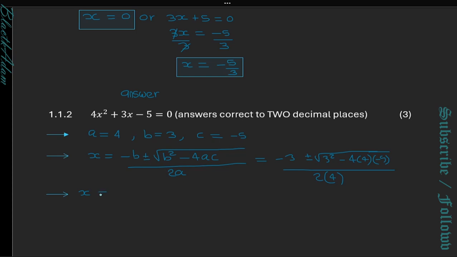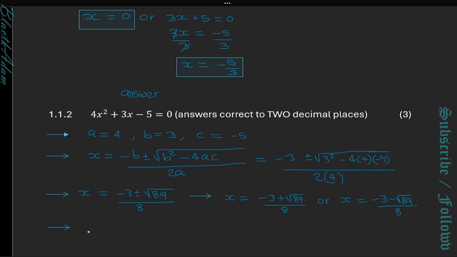Simplifying further, we have x is negative 3 plus or minus root of 9 plus 80, that is 89, which means x is equal to negative 3 plus root 89 over 8. Okay, and then we also have x is equal to negative 3 minus root 89 all over 8.